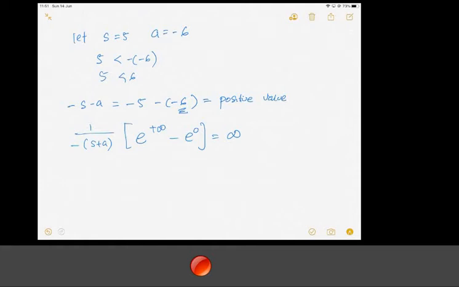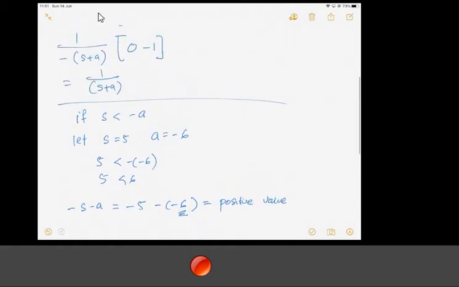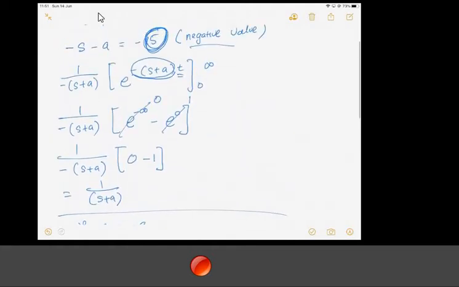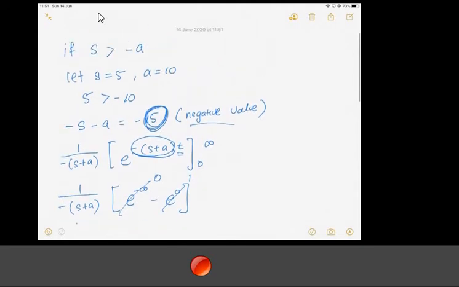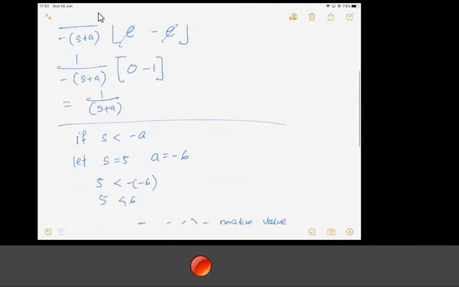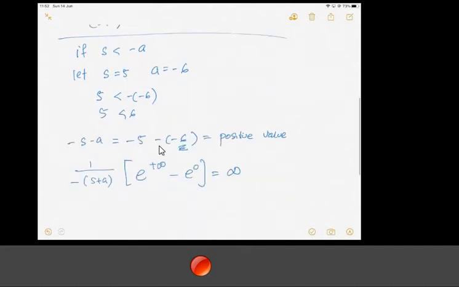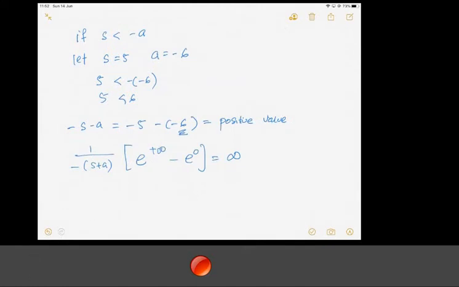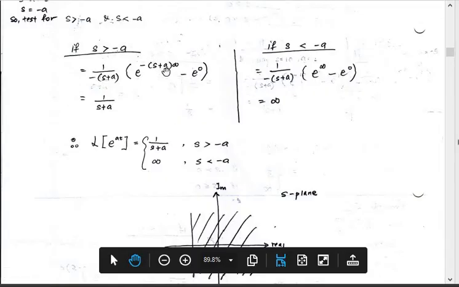So here we know that for s more than negative a, you will get the value 1 over s plus a. For s less than negative a, you will get infinity. So this is how you get it.